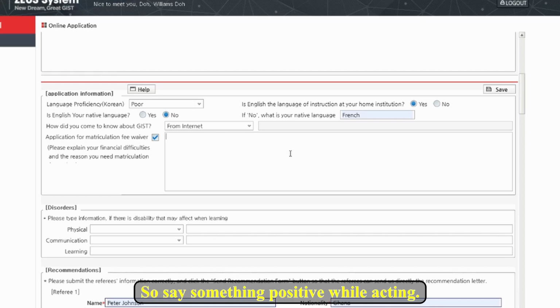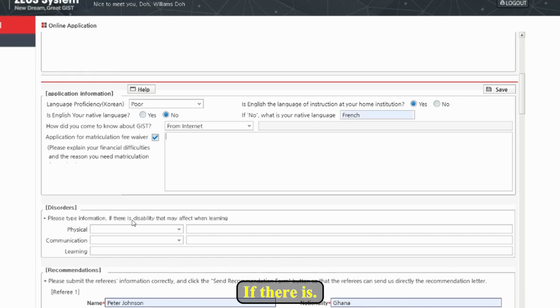So say something positive while at the same time explaining your situation, because what I know about Koreans is that they like to hear about our stories, our difficulties in life, but they want to also see how we were able to overcome those difficulties and then excel in our education. You are not supposed to sound too desperate, to the point where you're not trying to show some positive spirit.